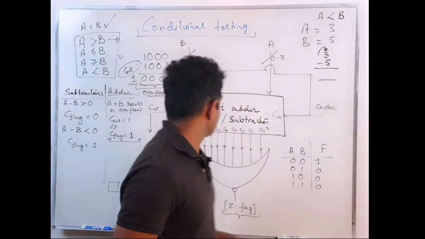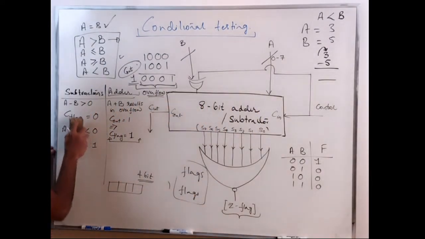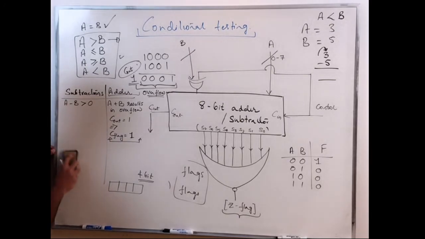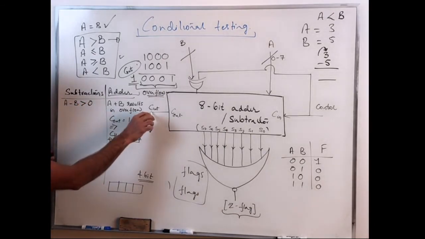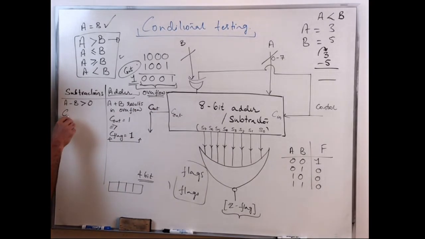Okay, very good. So let me write it down with respect to C out here. When my A minus B is larger than 0, if I'm looking directly at the C out coming from the adder, you'll see that my C out is 1. But I want my C flag to be a 0 in this case.